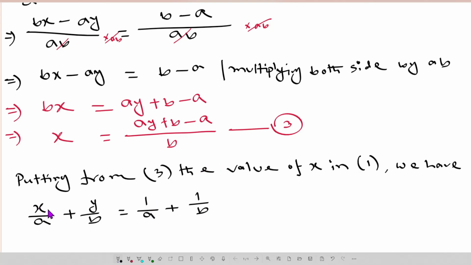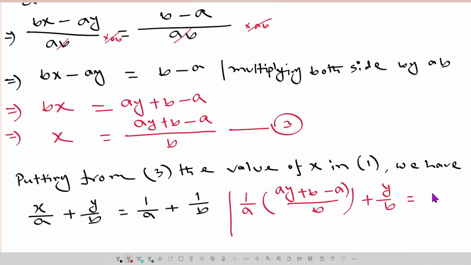Now against this x we put 1 by a times ay plus b minus a divided by b, and plus y by b equals 1 by a plus 1 by b, right.